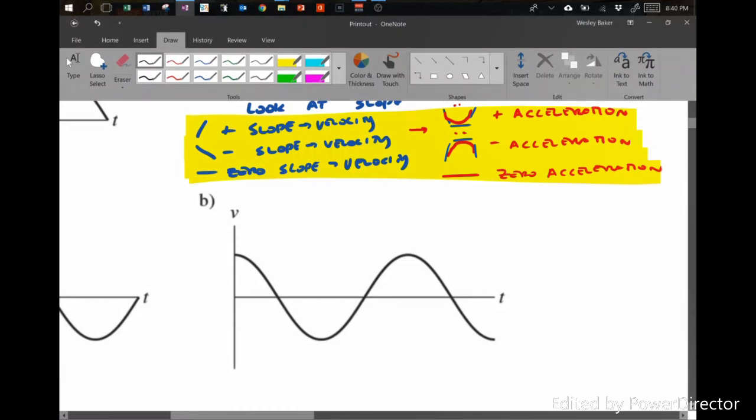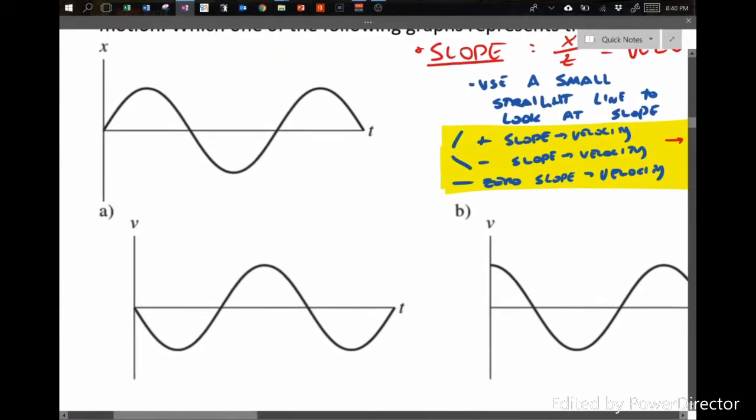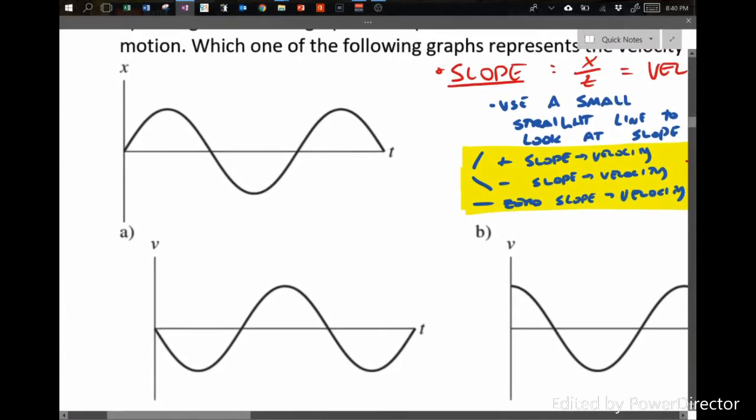So let's use a small straight edge and look at some really important points on this position versus time graph. So here at the beginning, I have positive slope. Then it moves to 0 slope. Then it moves to negative slope.